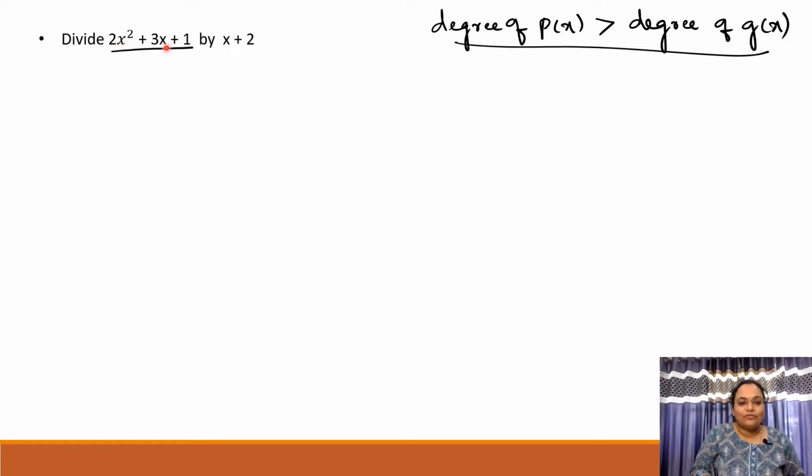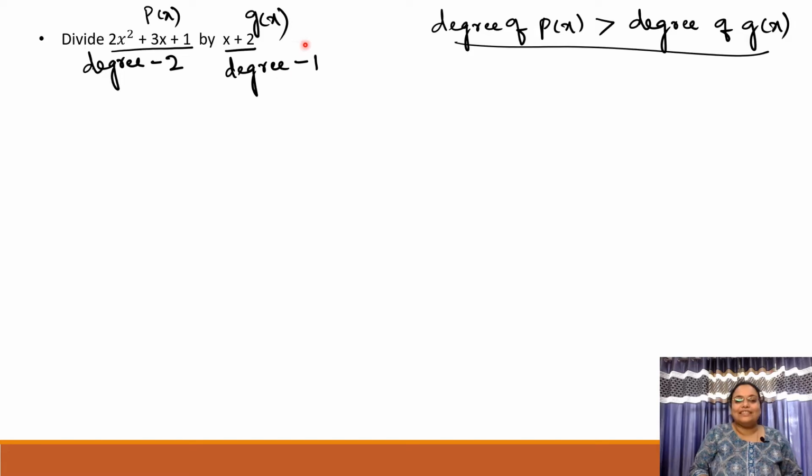What is the degree of this polynomial? The degree is 2. And what is the degree of x plus 2? The degree is 1. So the degree of P of X is greater than the degree of G of X. So we will take this polynomial as p of x and this polynomial g of x.